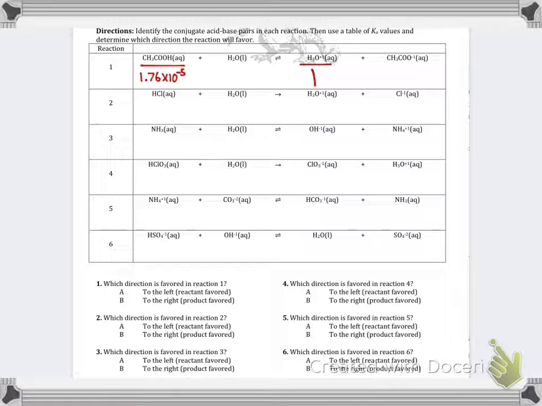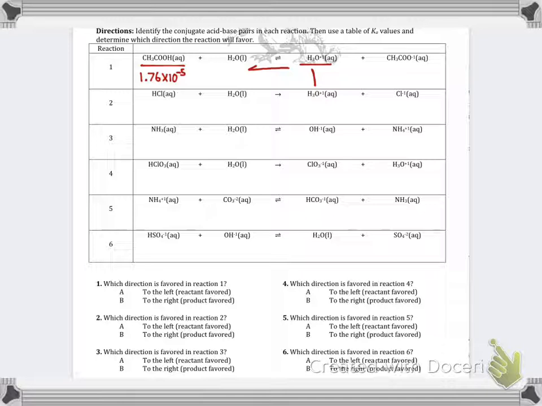So when we're looking at this here, the H3O+ is a stronger acid. That means that it is more likely to dissociate. That means it's more likely to push the reaction away from itself. And so what you do is you draw a bigger arrow going away from the stronger of the two acids.